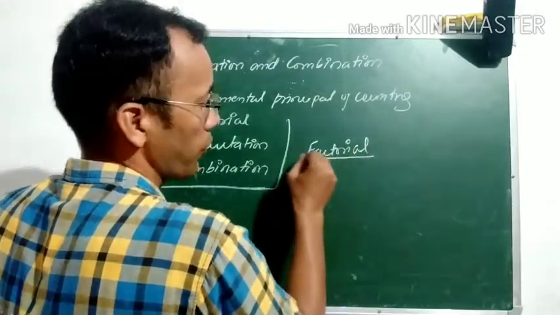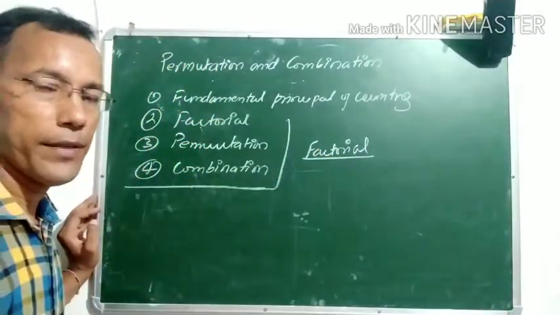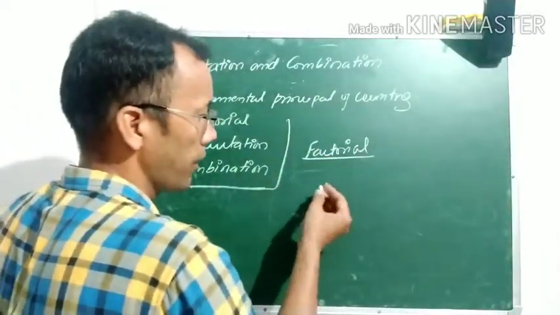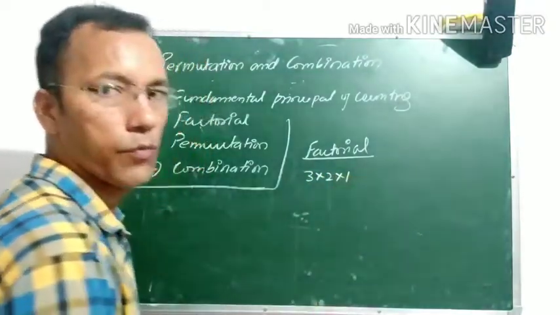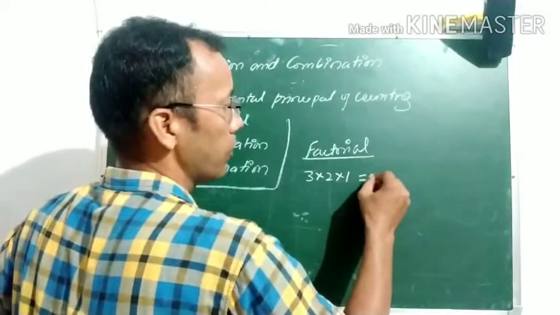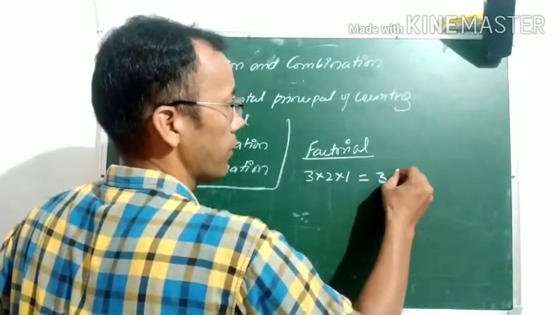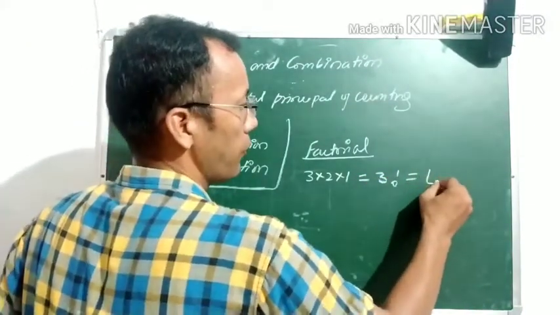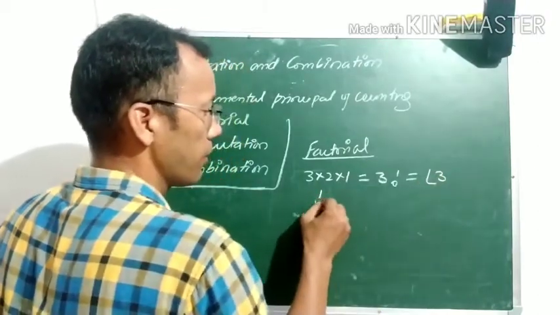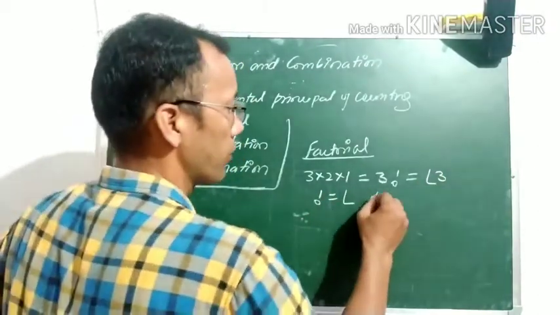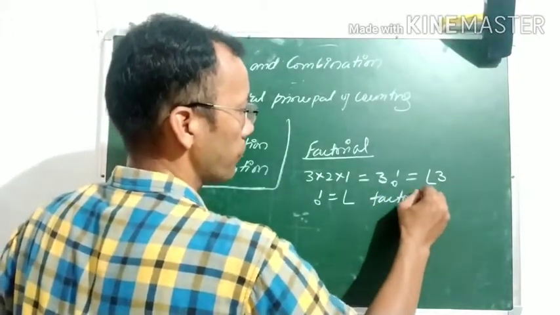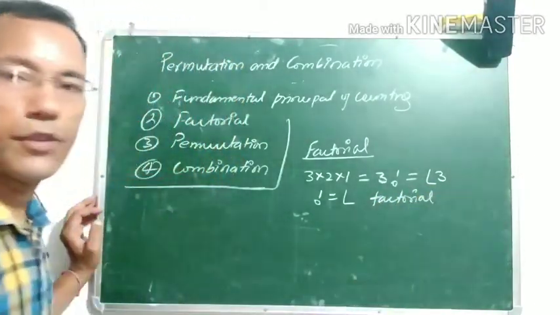So what is factorial? Factorial means, for example, if I write 3 into 2 into 1, not 0, we write this as 3 factorial. This is the sign of factorial, or this one. Both signs mean factorial.